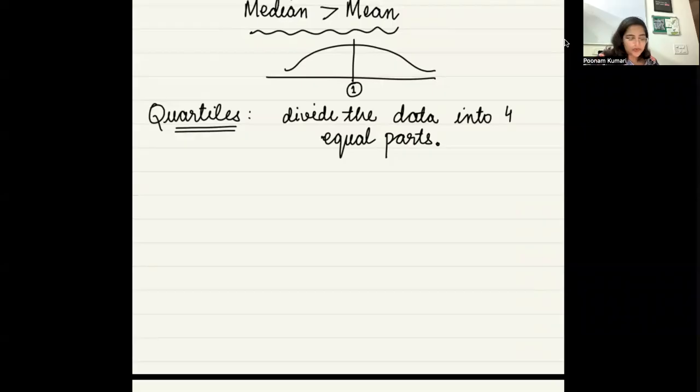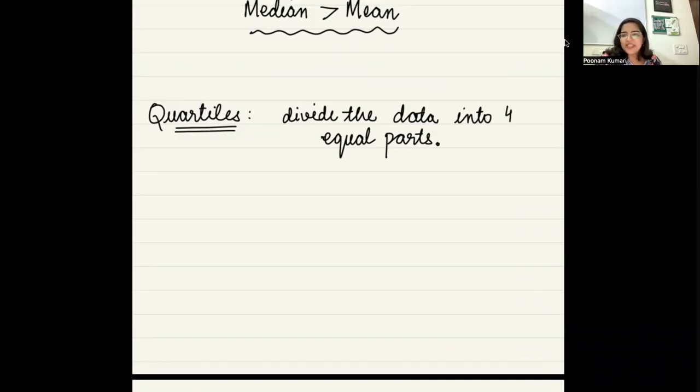Ma'am, at least 2 numbers. No. If you have to divide your entire data into 2 parts, which number does the job? Median is only a single number, right? So, if you have to divide your data into 4 equal parts, how many numbers do you need? Ma'am, 3. Exactly. Very nice.